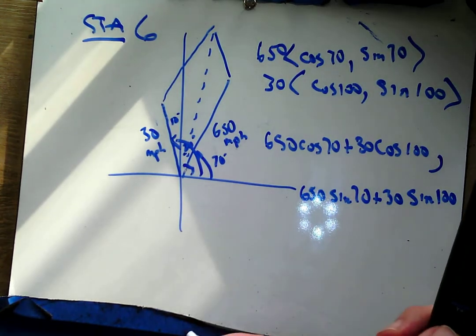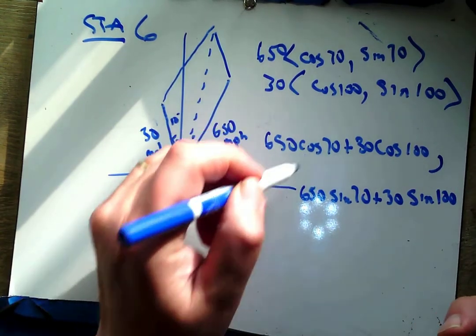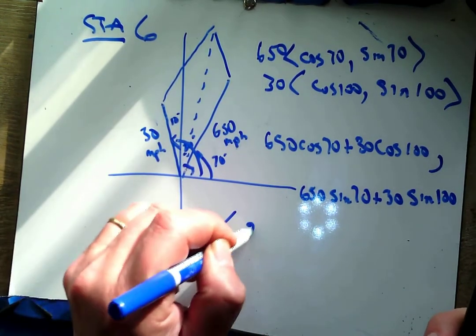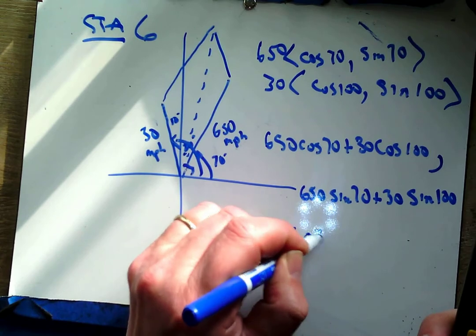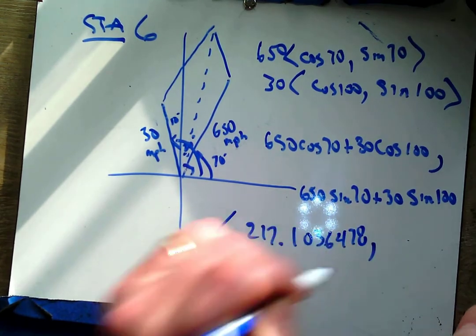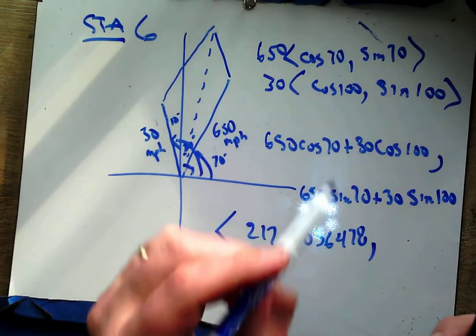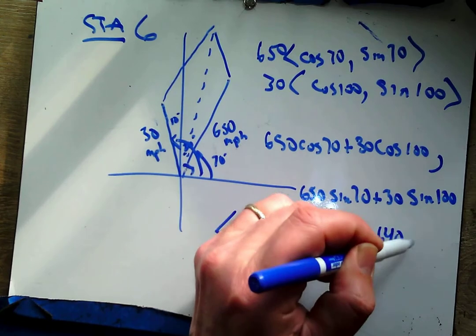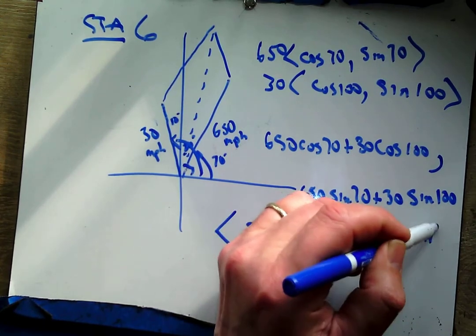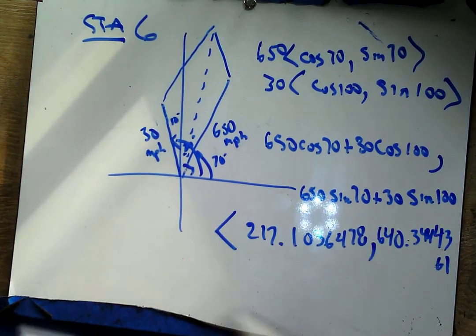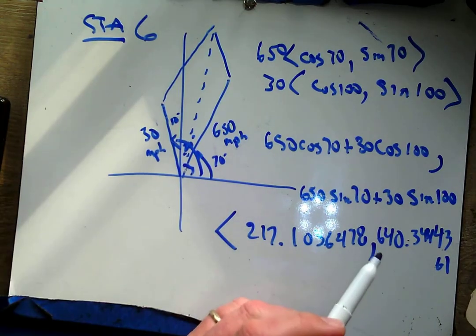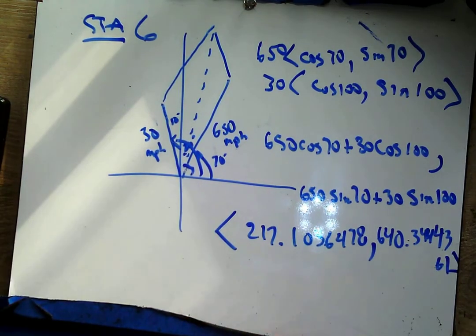I end up with 217.1036478, comma, 650 sine 70, close parentheses, plus 30 sine 100. And I get 640.3444361. All right, well, that's my component form, but what do we want?